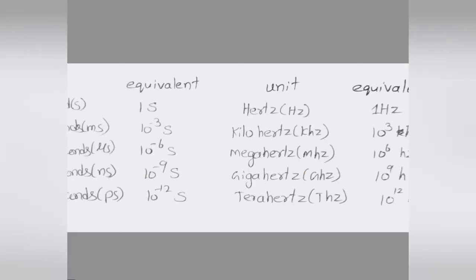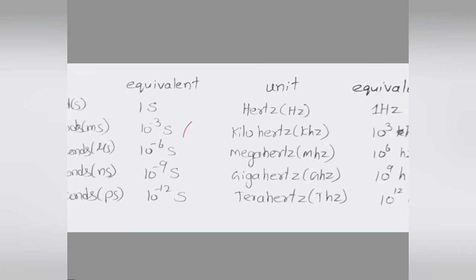So we know that time and frequency are inversely proportional to each other. This table represents the time in seconds and the frequency in hertz. So 1 second corresponds to 1 hertz. 1 millisecond can be represented as 10 power minus 3 seconds in the time format and 10 power 3 hertz in the frequency format.